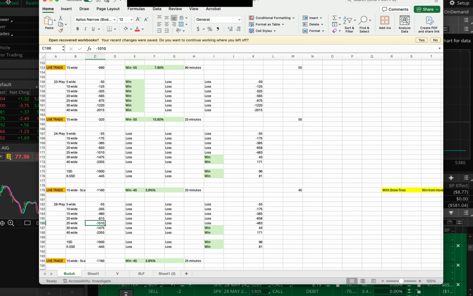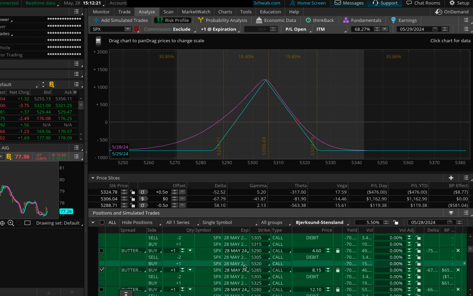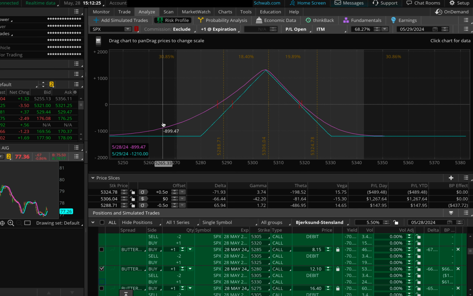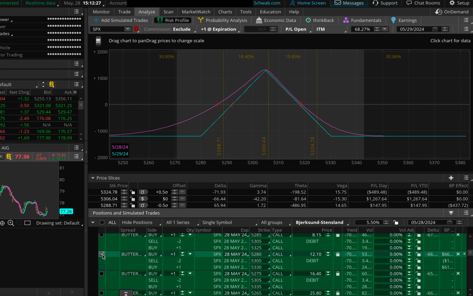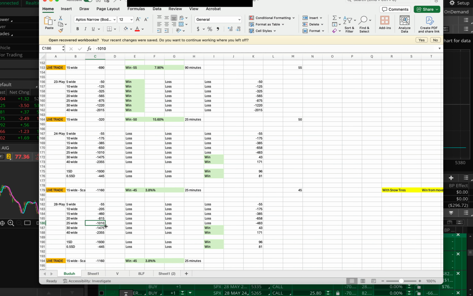815 is the 20 wide. Let's make sure that I'm on the right one here. 20 wide. Yeah. Okay, 25 wide, the risk is 1,210. So 1210 and 1640.